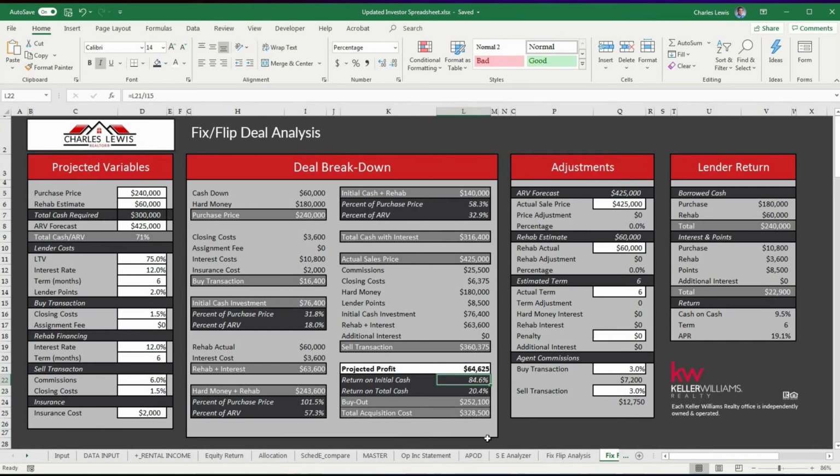But more times than not, it's not going to go 100% as planned, and everything that changes here is going to impact that actual profit. Okay, well, let me switch back to the camera now.